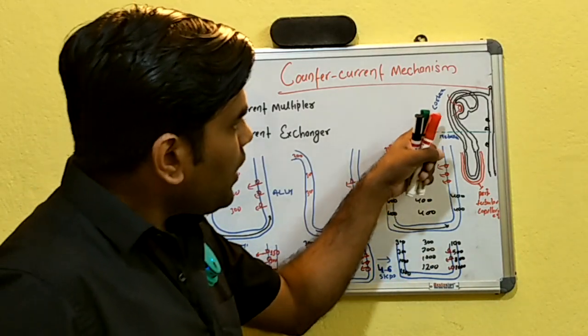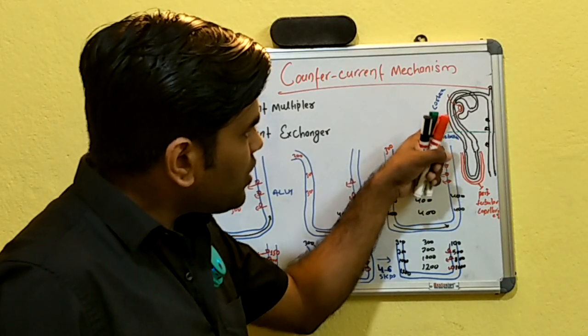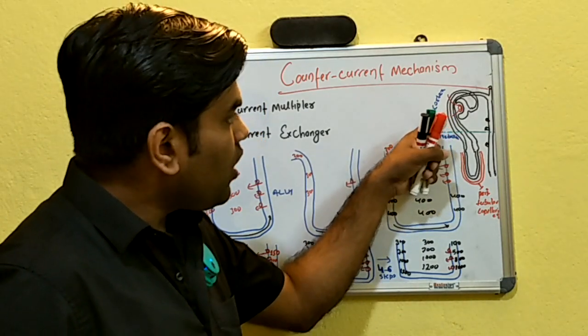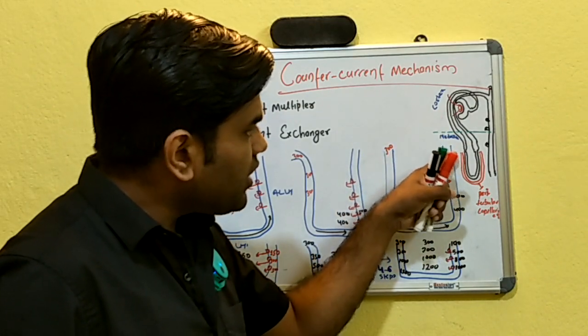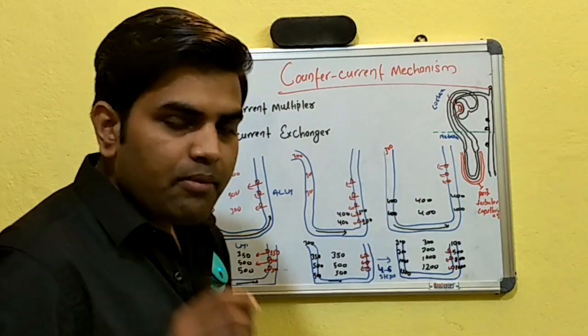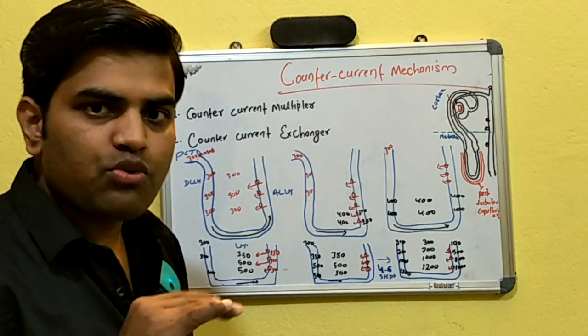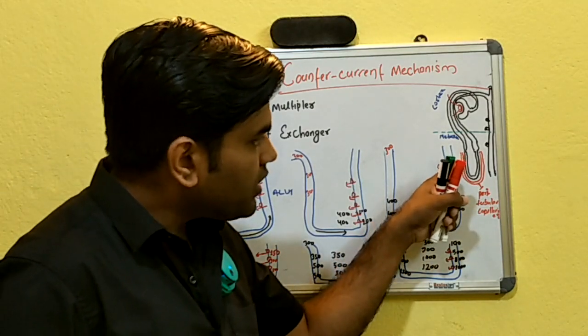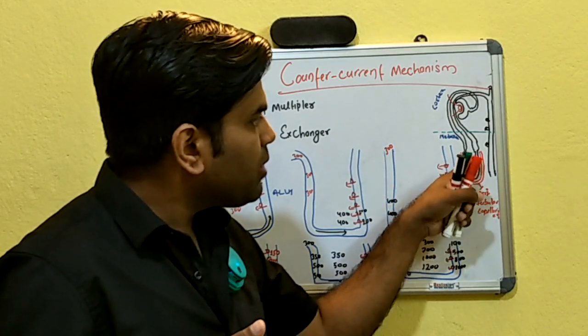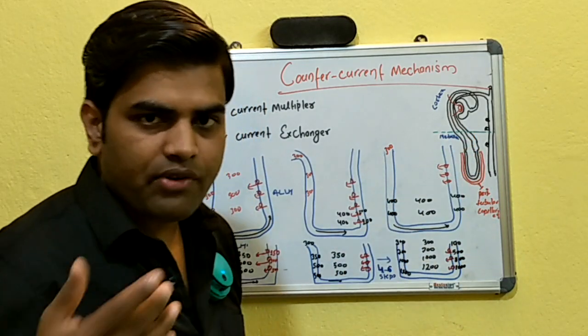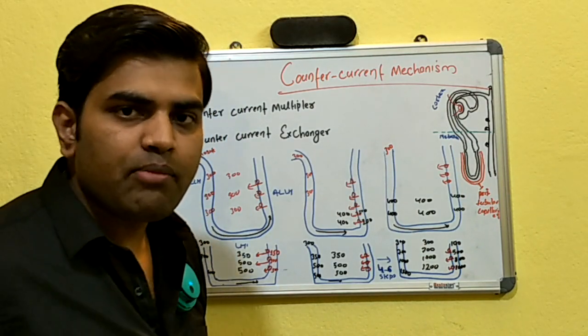Okay. Then it comes down, and the water gets absorbed. This is the obligatory water reabsorption. When it comes to the descending loop of Henle, this part is impermeable to sodium but permeable to water, so water gets absorbed from the descending loop of Henle. But when it goes to the ascending loop of Henle, this is impermeable to water.